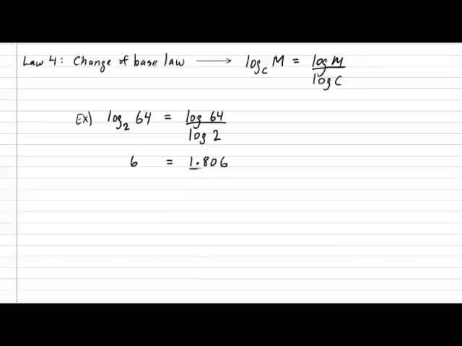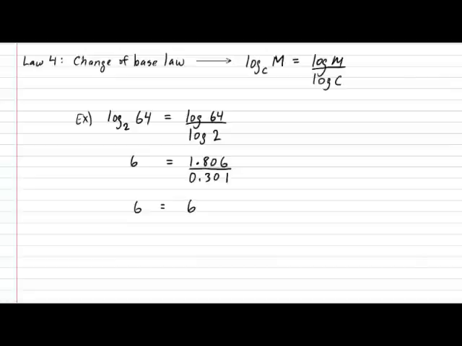Divided by, and again using your default log button, log of 2 will give you an approximate answer of 0.301. And when you do the division, 1.806 divided by 0.301 does give you a result of approximately 6.